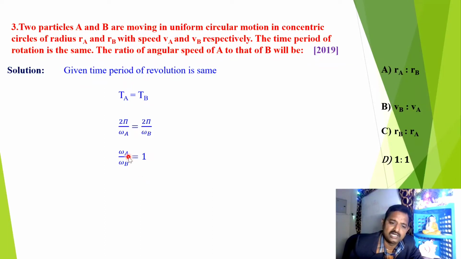That means the ratio of the angular velocity of A to the angular velocity of B is 1:1, my dear. So option D is the answer. Now we will go for the next question.